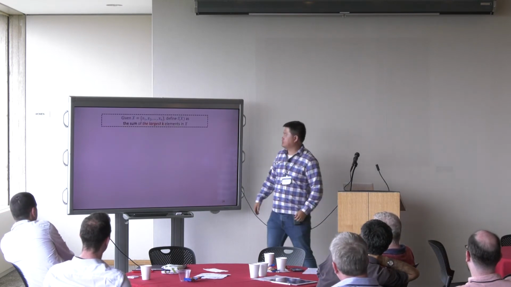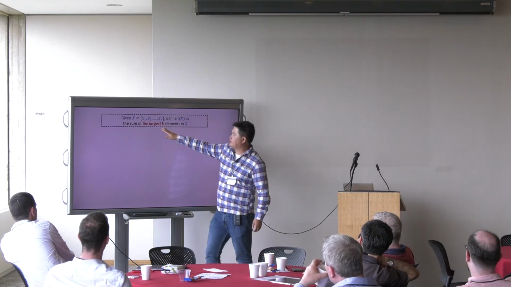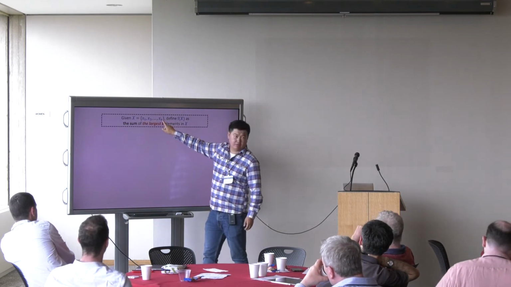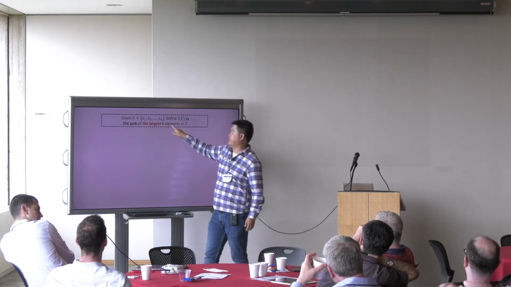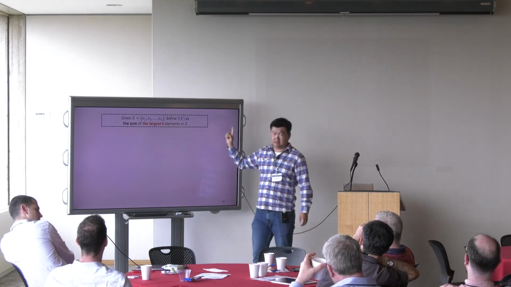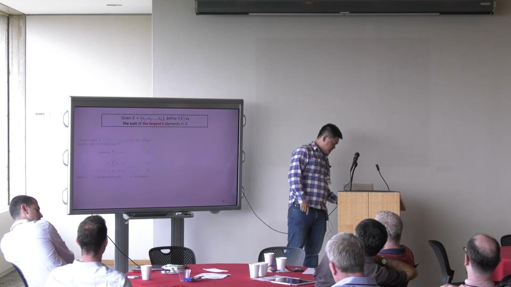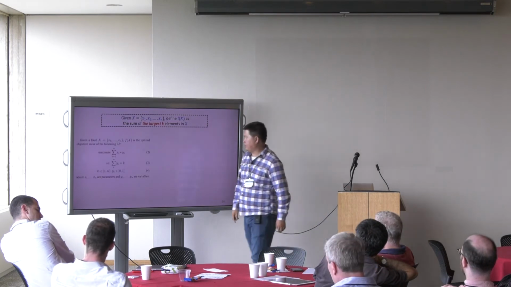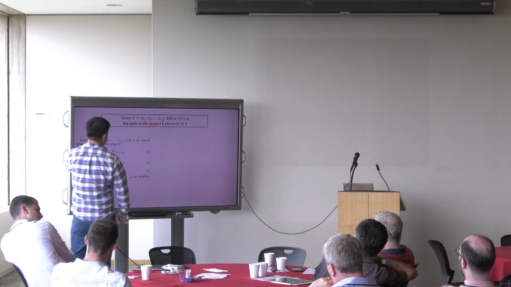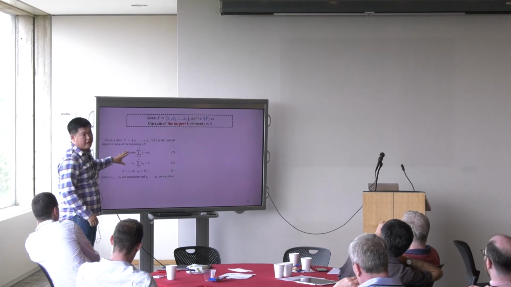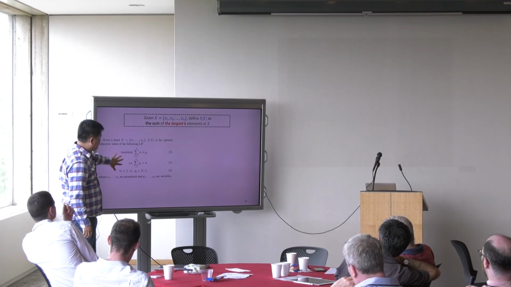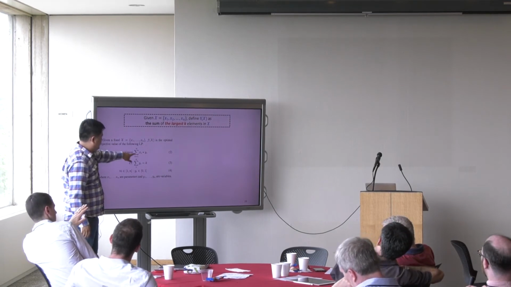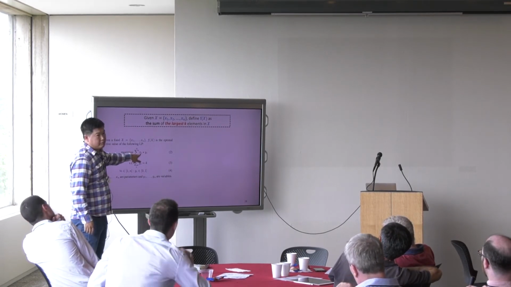The first part is still here. We have n variables, and we define a function that is the sum of the largest k elements, right? First, we define a linear program. This is something I learned, and I think it's amazing. We treat x as a parameter rather than a variable.